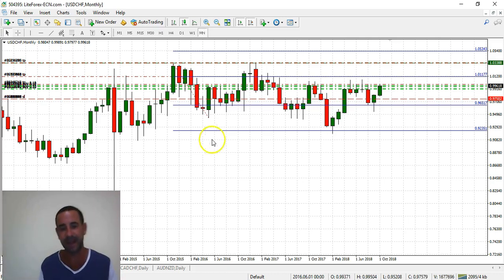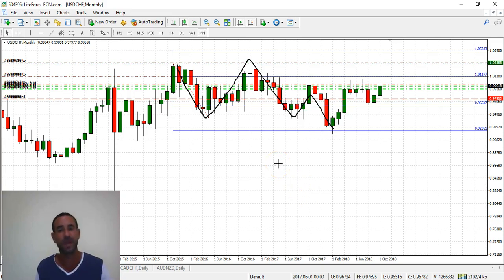So I actually started to follow this particular trading range roughly around the end of 2017, when I could clearly see three well-established legs, right?